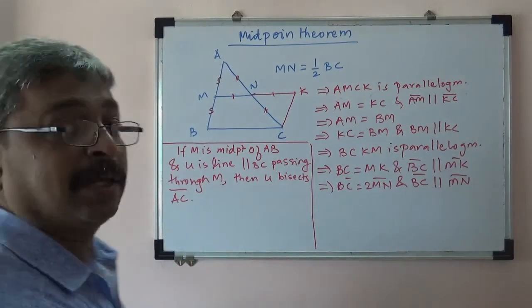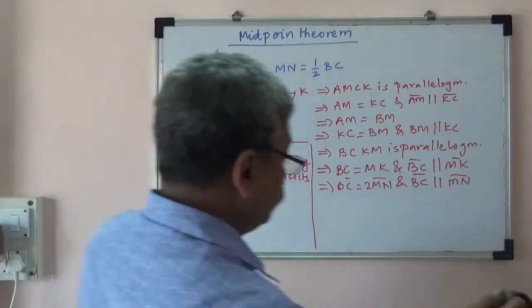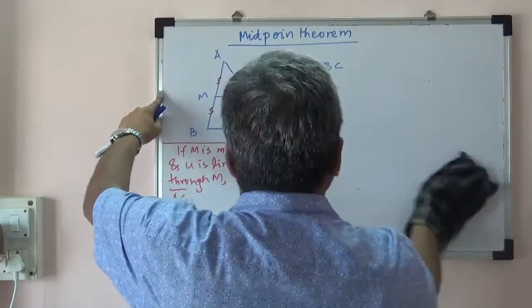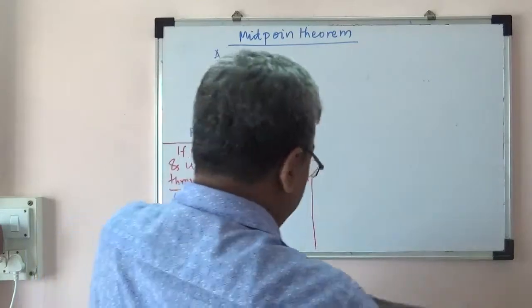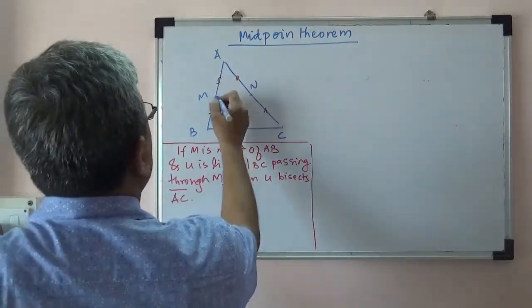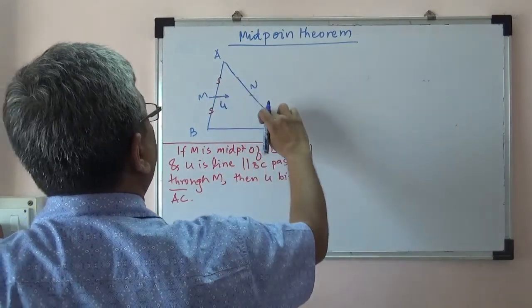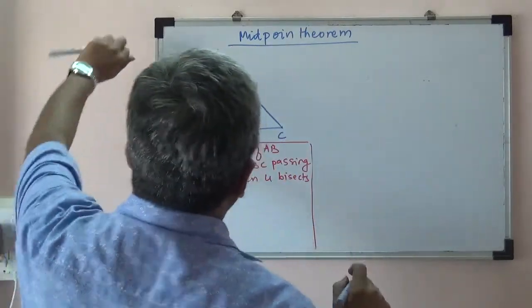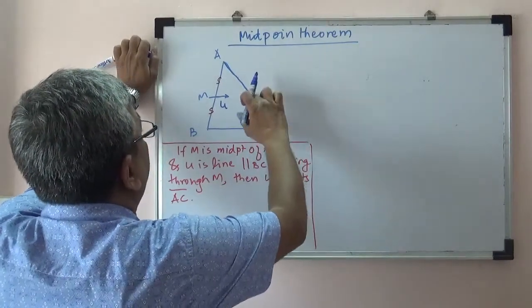Okay, that is the converse of the midpoint theorem, which we will do now. What we are going to do now is, there is a line U which is passing through M and parallel to BC. We are supposed to prove that it bisects AC. That means it passes through the midpoint of AC.